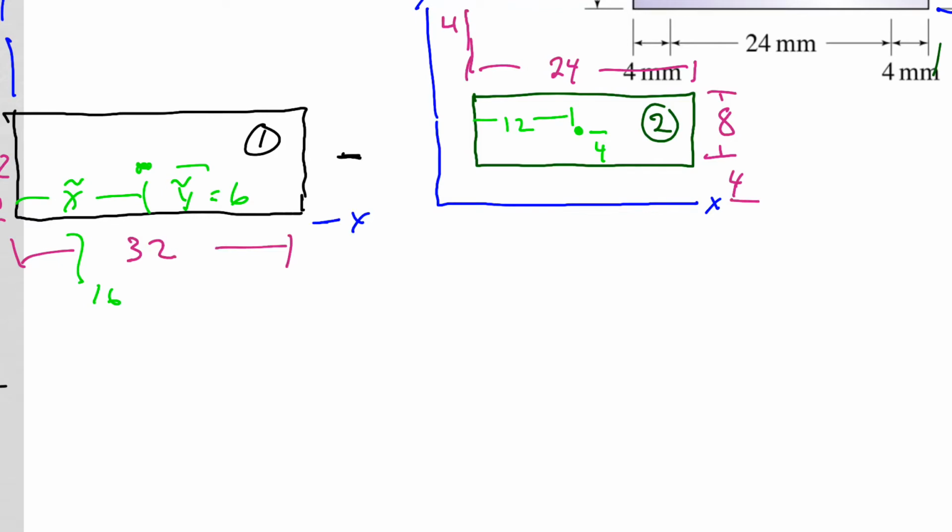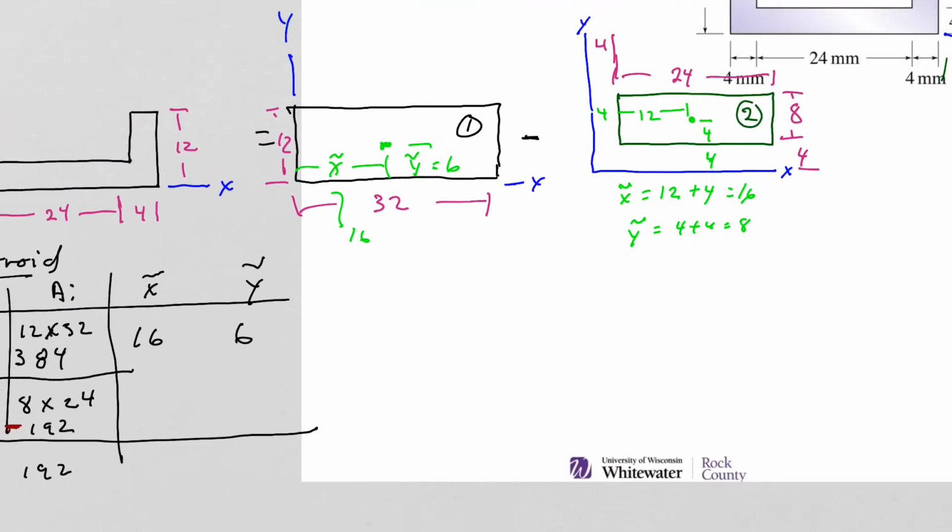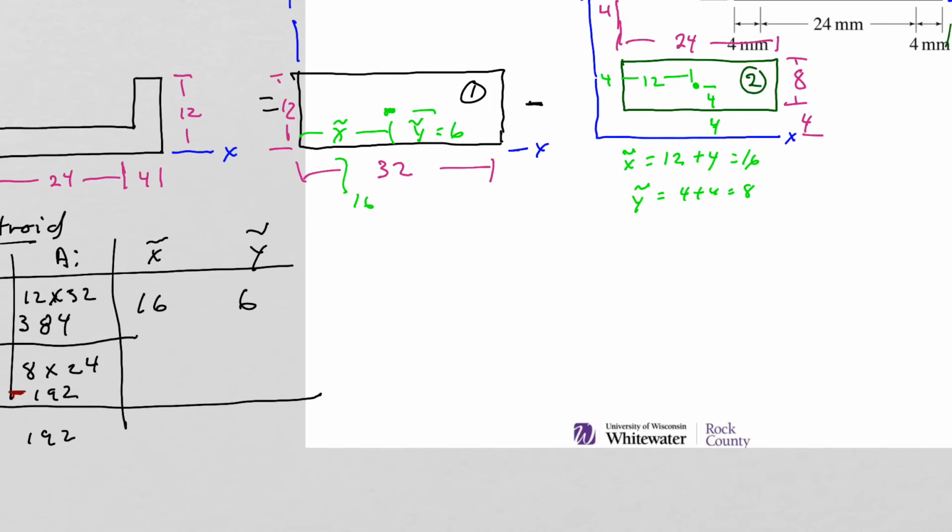But we need to make sure we add on this additional amount here, 4 and 4. So our x tilde for this shape is this 12 plus 4. Y tilde, the distance to the x-axis, is 4 plus 4. So this is 16 and 8.